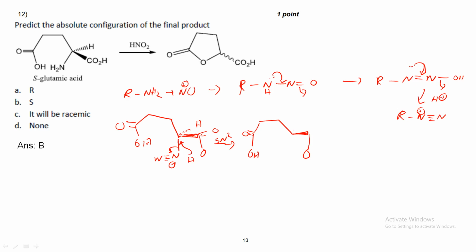So it is 1, 2, 3. So it is S. So after the first attack, the stereochemistry just gets reversed due to the first SN2 attack, and after that only this other acid group can attack and make this 5-member ring.